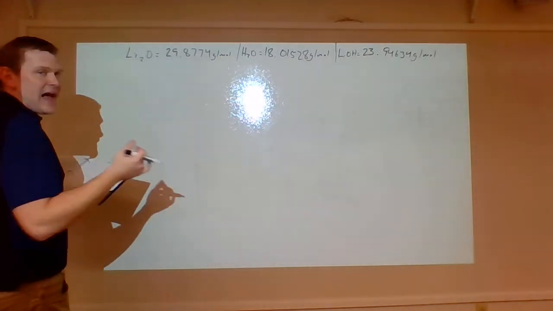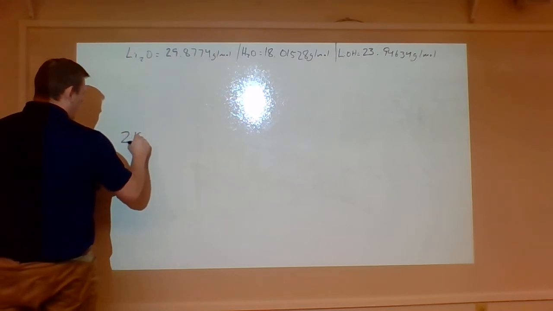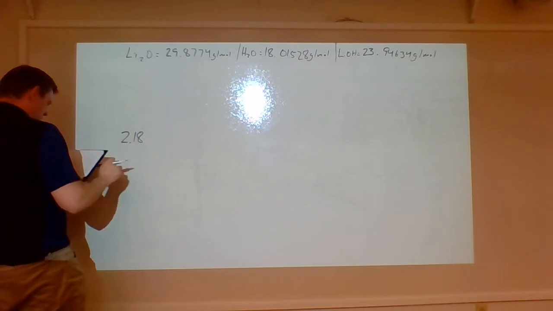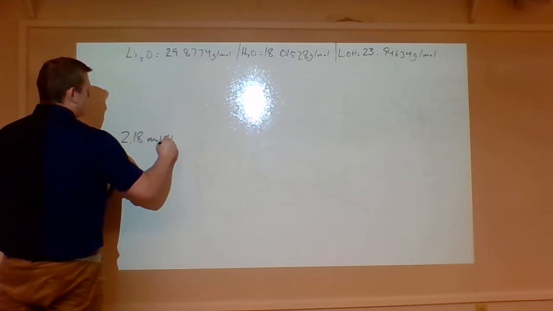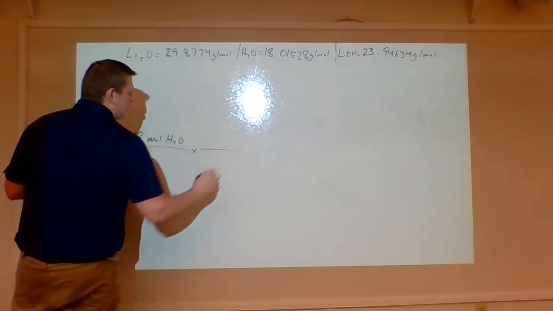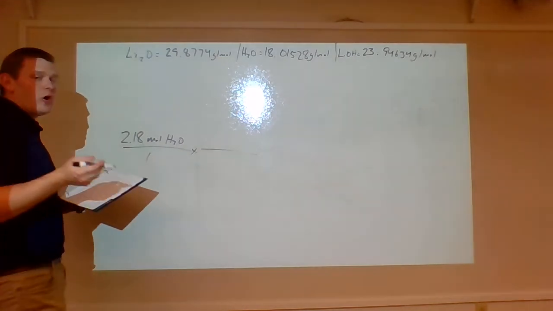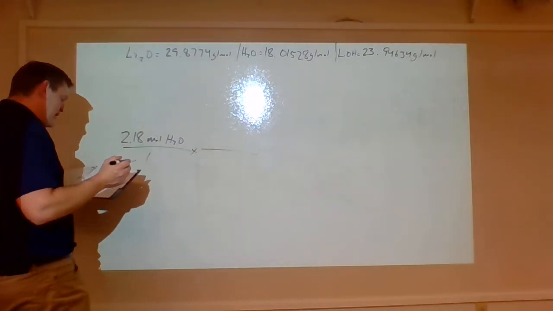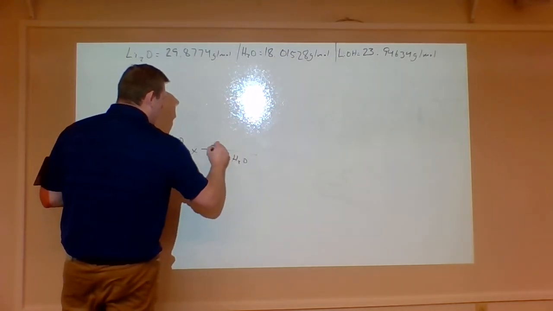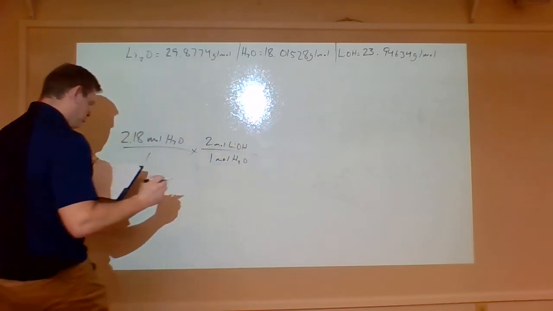Okay, if we want to find our mass of product, we start with 2.18 moles of H2O. We want to convert this to moles of our lithium hydroxide product, which, if we go back to our chemical equation, tells us we have a 2-to-1 ratio. So for every 1 mole of H2O, we have 2 moles of lithium hydroxide.